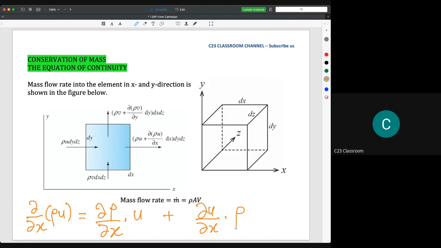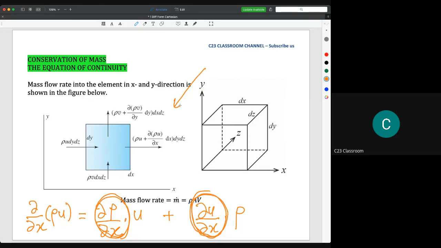So di sini membawa maksud, okay, kemungkinan akan ada keadaan di mana berlaku perubahan sedikit pada density dan berlaku juga perubahan sedikit pada velocity. Okay. So sekiranya equation ini perlu digunakan untuk incompressible flow, maksudnya keadaan di mana density constant.